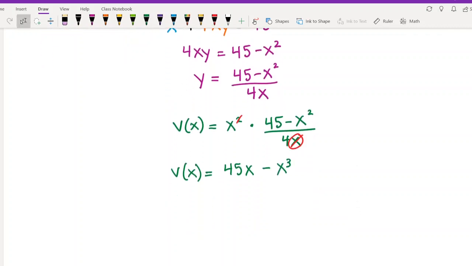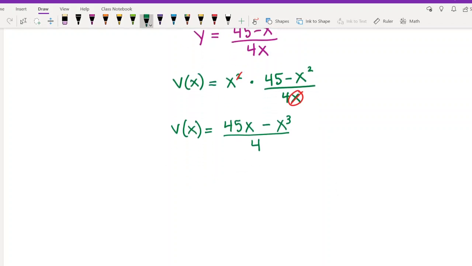I'll write it like that first, and then to take the derivative, it will be simpler if we split this into two fractions. Basically we canceled out this extra x, and then we distributed the x into the numerator of the fraction. So the nicest way to write this in terms of taking the derivative would be 45 over 4 times x minus 1/4 times x cubed.